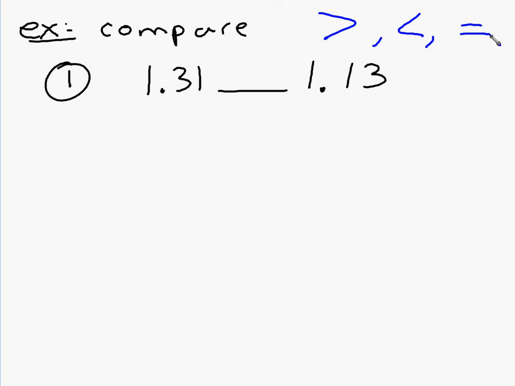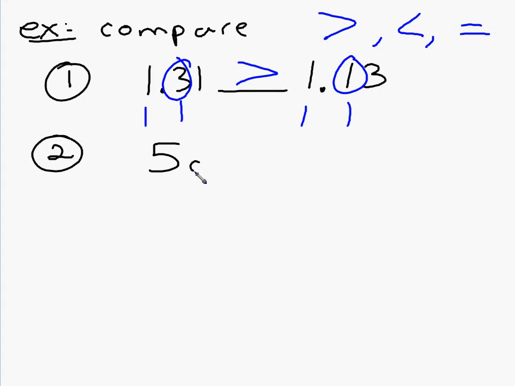How do I know that? Well, you start at the 1, the ones are the same. Then you go to the tenths place. Well, this tenth is bigger than this tenth, so this one is bigger. All right? How about this one? I think you'll see a couple like this. Aren't they the same? Just one's written as 5.0. Okay, so these two are equal.